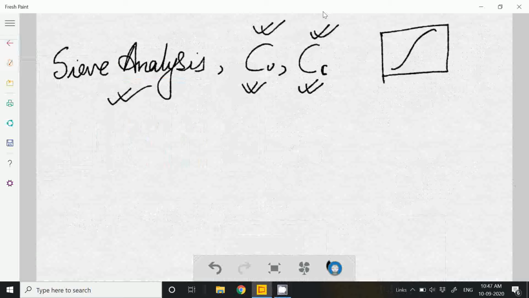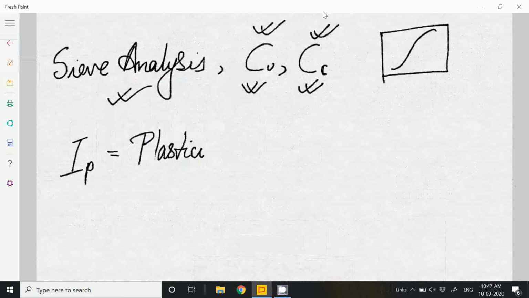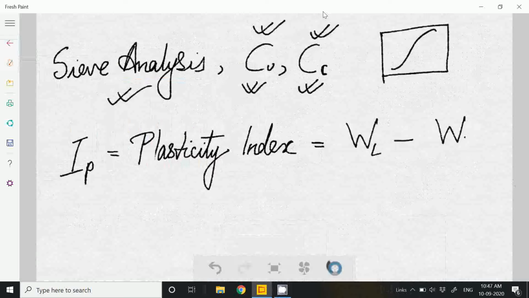Then let us go to the topic called plasticity index. I don't clearly remember if I have discussed this with you or not, but plasticity index is liquid limit minus plastic limit.